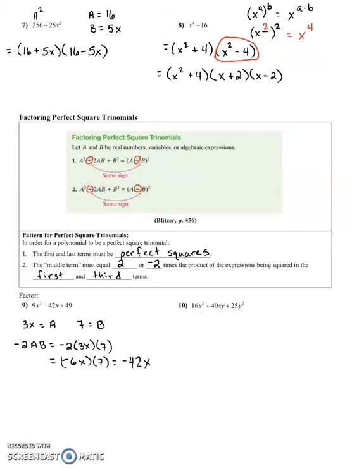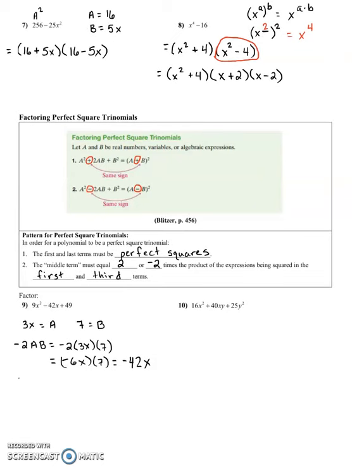So we've met the requirements. The first term is a perfect square. It's 3x, whole thing squared. The third term is a perfect square because 49 is 7 squared. And if we multiply a and b together and multiply it by negative 2, we get our middle term.